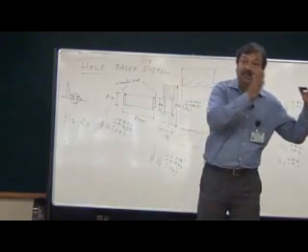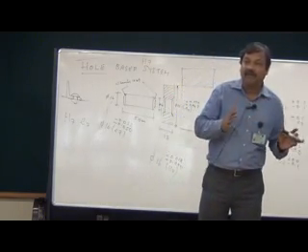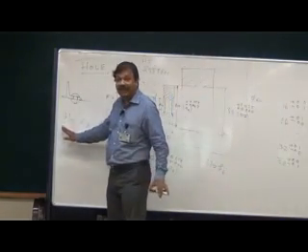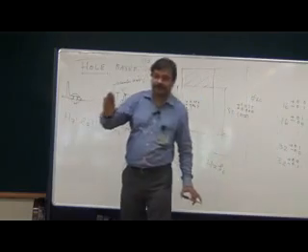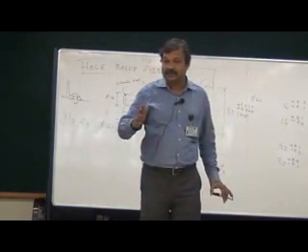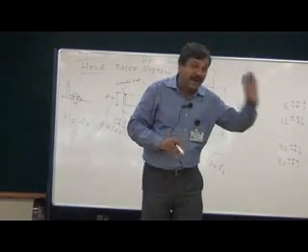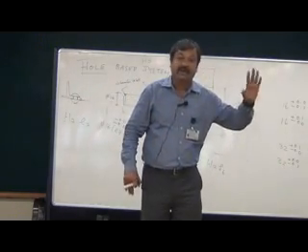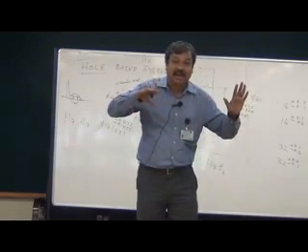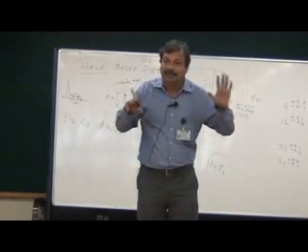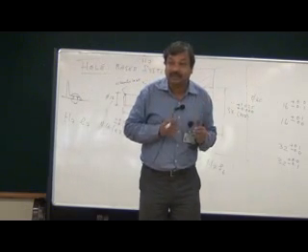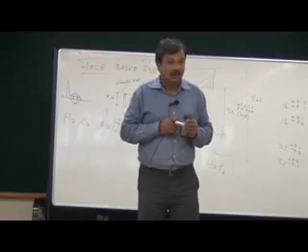The tolerance on the hole is always H7, H6 or H8. The tolerance band on the hole is fixed. Only by changing the tolerance band on the shaft, I obtain different fits. This is called the hole based system.